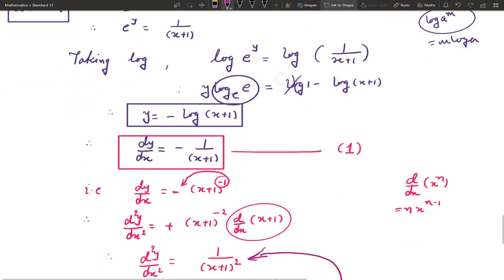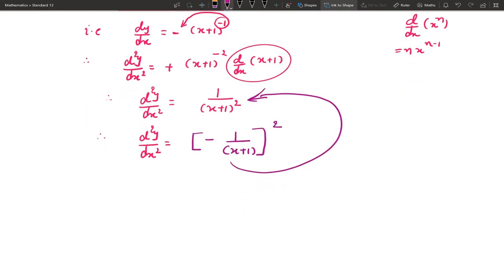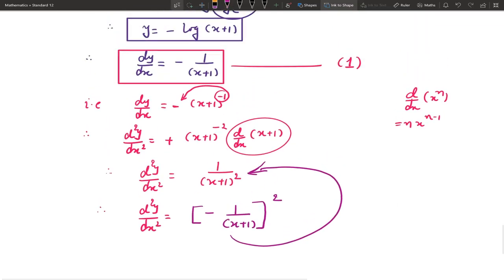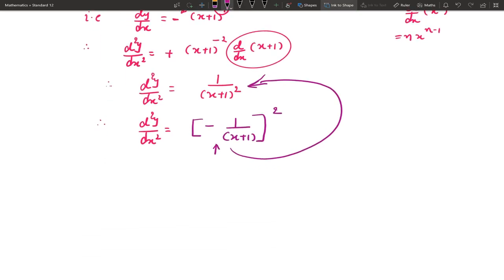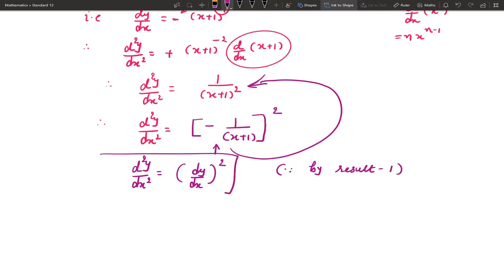So you can observe that 1 upon (x plus 1) square can be written as (minus 1 upon x plus 1) whole square, and by result 1 it is dy by dx. So this can be written as d2y by dx2 equal to dy by dx whole square, by result 1. So we have proved that d2y by dx2 equals dy by dx whole square.